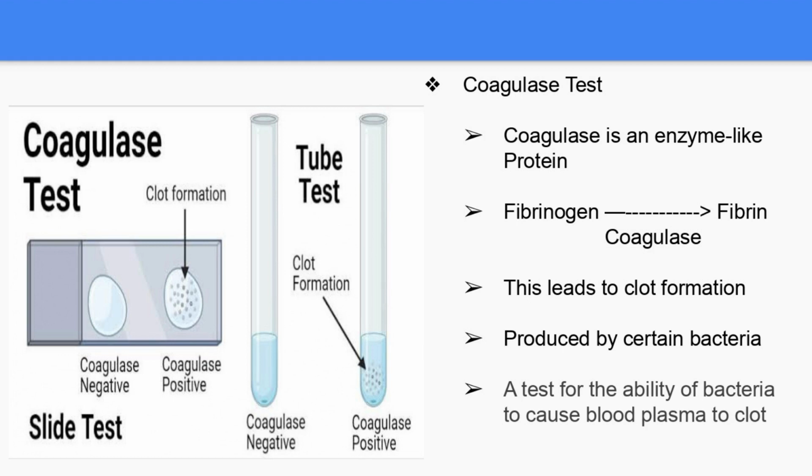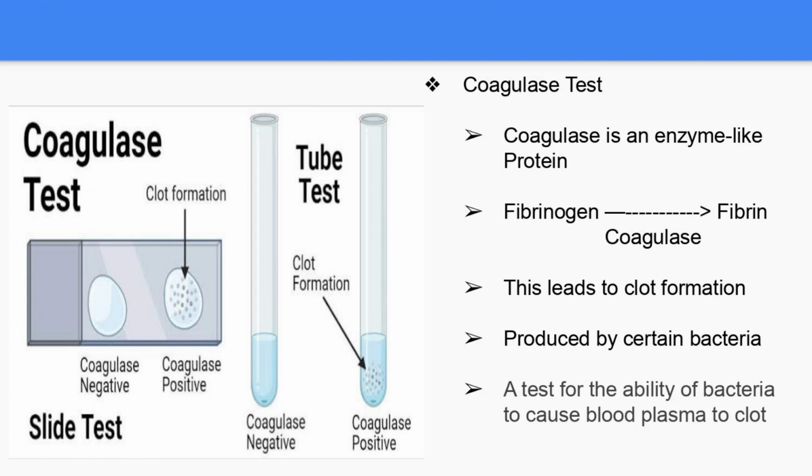The coagulase is an enzyme which converts fibrinogen to fibrin. This fibrin helps for clot formation. Certain bacteria can produce coagulase enzyme. So, if we want to know whether a bacteria produces coagulase enzyme, we can do coagulase test.